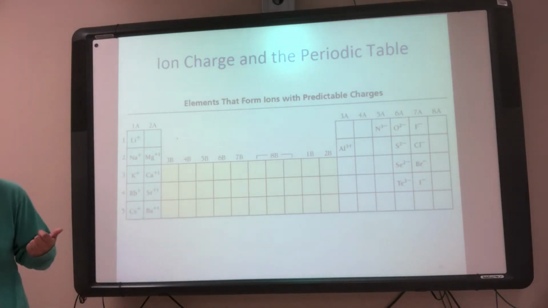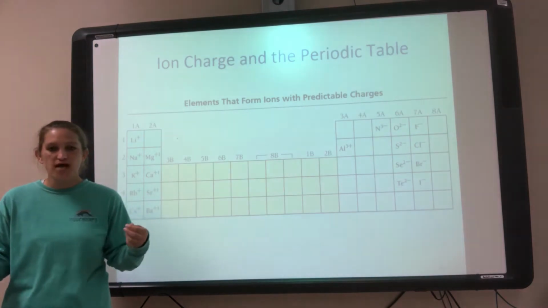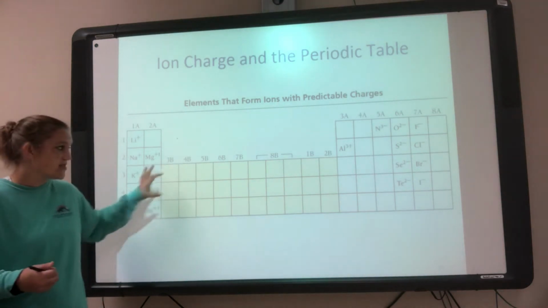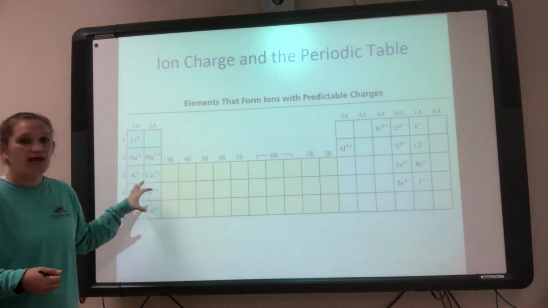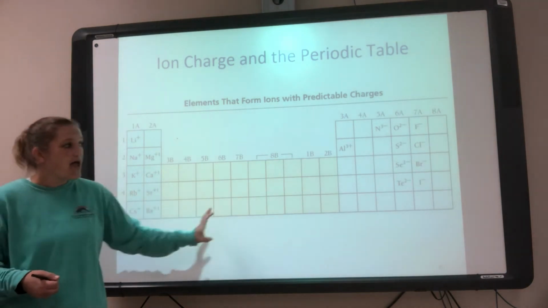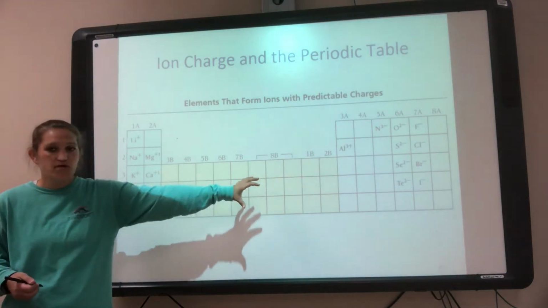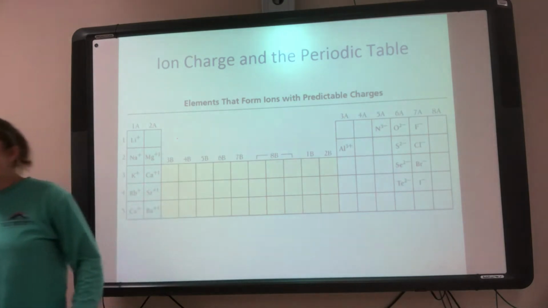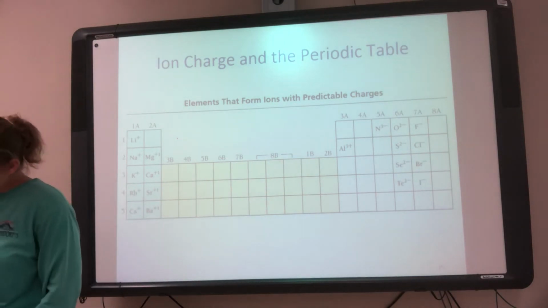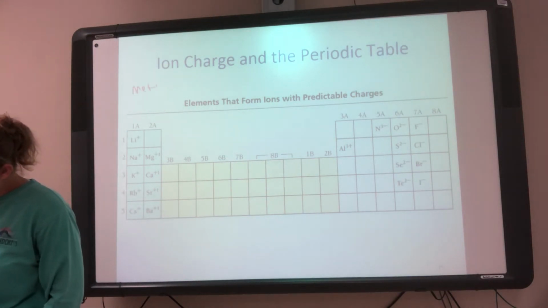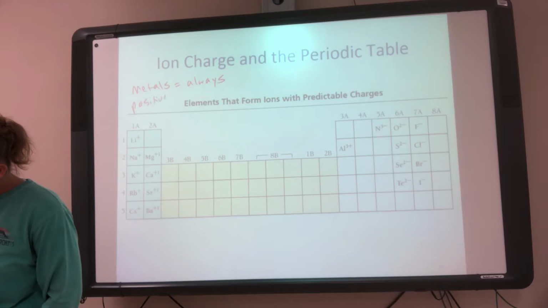So remember also when we talked about metals and nonmetals, I said that metals, which are on this side, like to become cations, they like to lose electrons. And my nonmetals over there like to become anions, they like to gain. So let's refresh that. Metals, they're on this side, they're always positively charged.